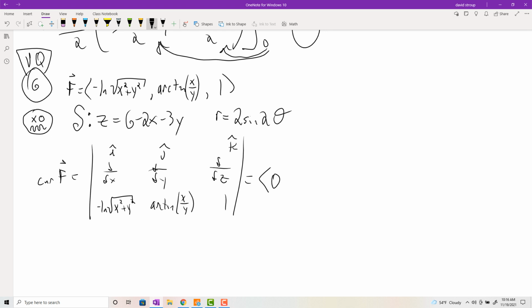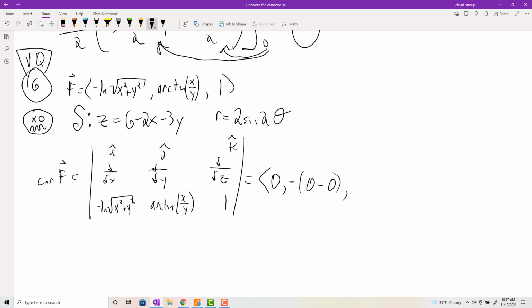Both of those are going to be 0, comma negative, parentheses. Cover the second column, partial of 1 with respect to x is 0, partial of that natural log thing with respect to z is also 0. So you would get 0 minus 0. I tried to put a comma in there to confuse you. Then the third component, cover up the third column, and that's where the fun begins, right?